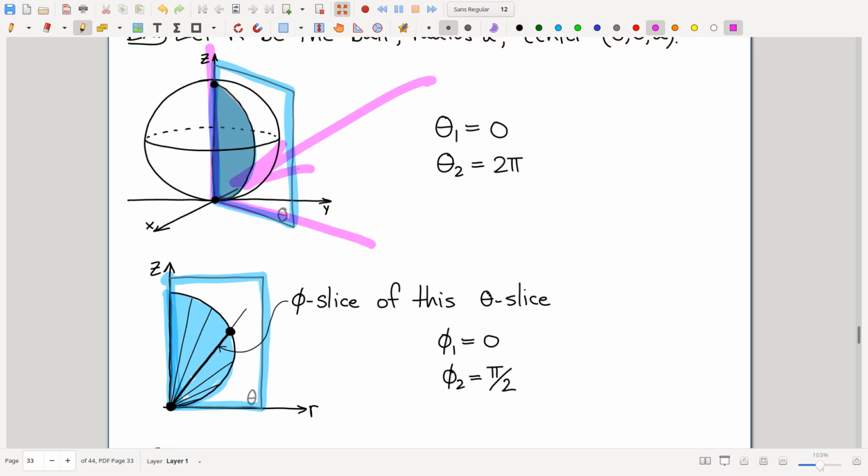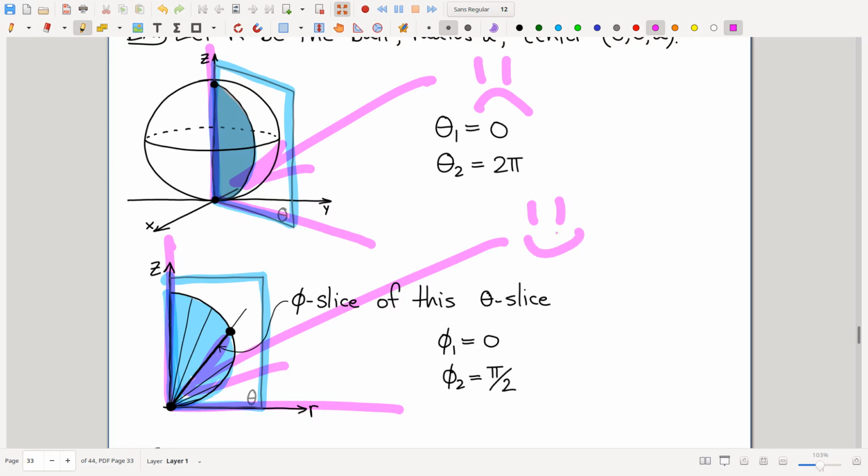That little perspective problem is just waiting to confuse you, because three-dimensional pictures on two-dimensional paper are just awkward and unnatural. Not a problem over here. Over here, that right angle looks like a right angle. So I think this is easier. Again, it's not required. You don't have to do this little redraw, but I think it's helpful, and you'll be less confused if you do that little trick.